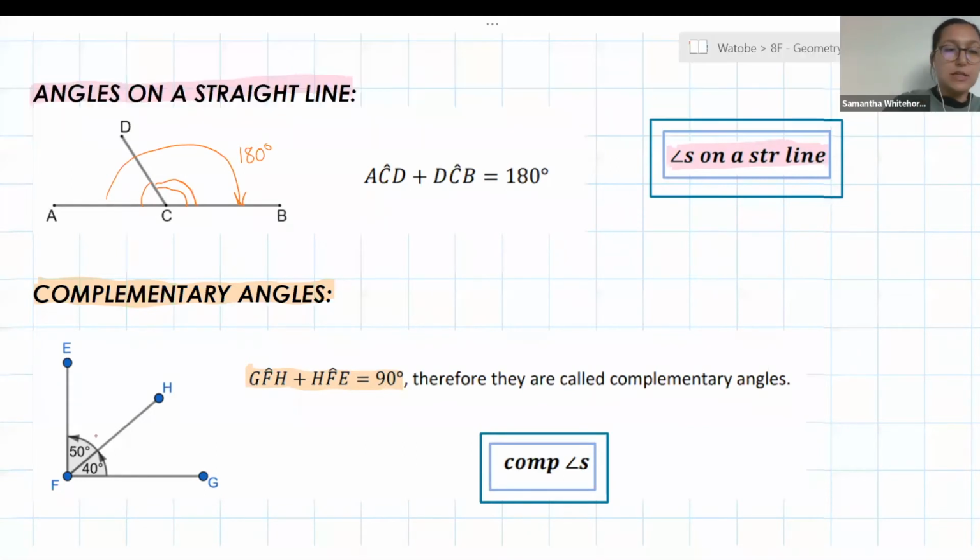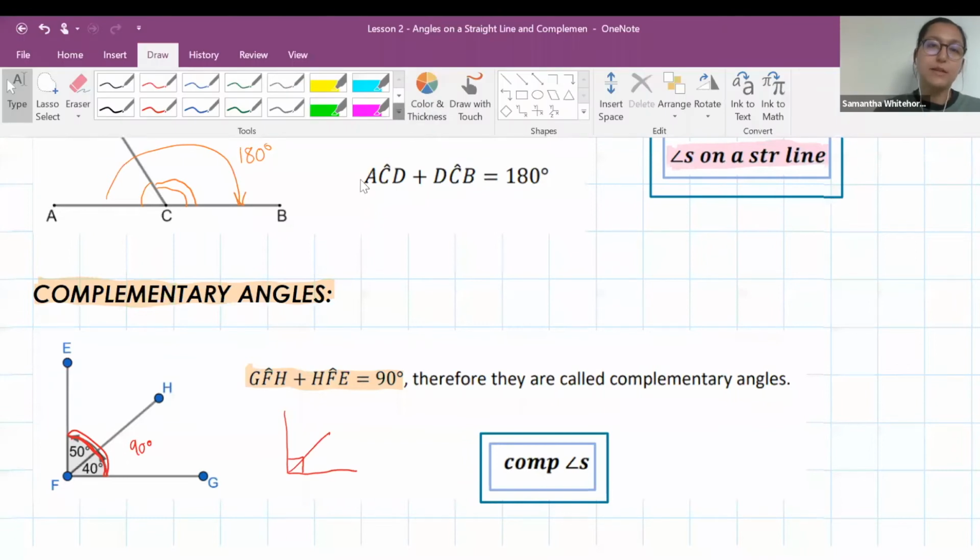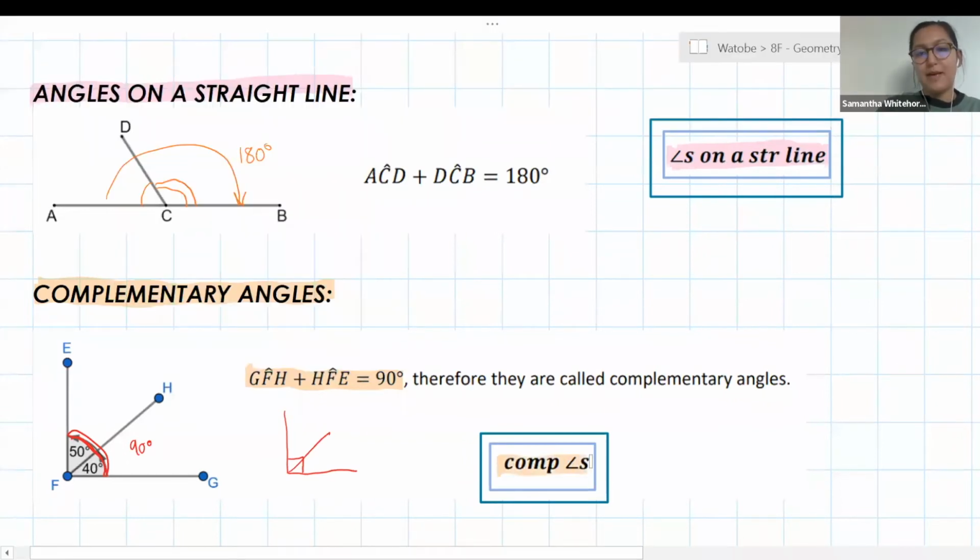So if we have a look at our diagram, 40 plus 50 actually gives me 90 degrees. Now we know on a diagram that can be represented with that little square in the corner. We know that that square means 90 degrees. And so if we have angles that are sitting right next to each other, adding up to 90, they are complementary. Again, we do have a reason for this. Comp angles, complementary angles.